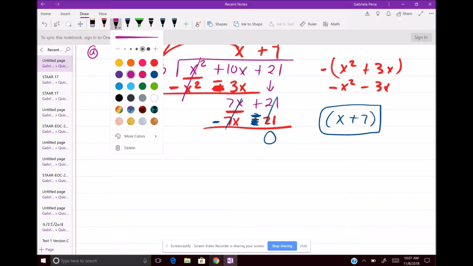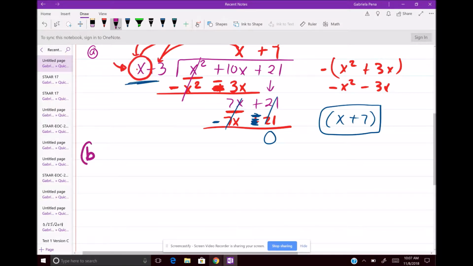All right, so let's look at B. B is going to be 6x cubed minus x squared minus 5x plus 4.